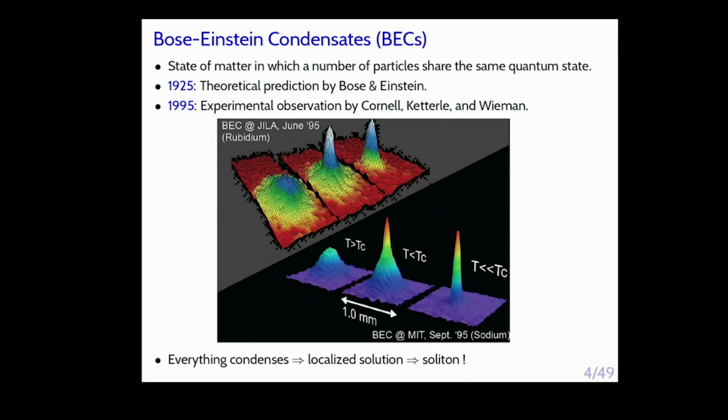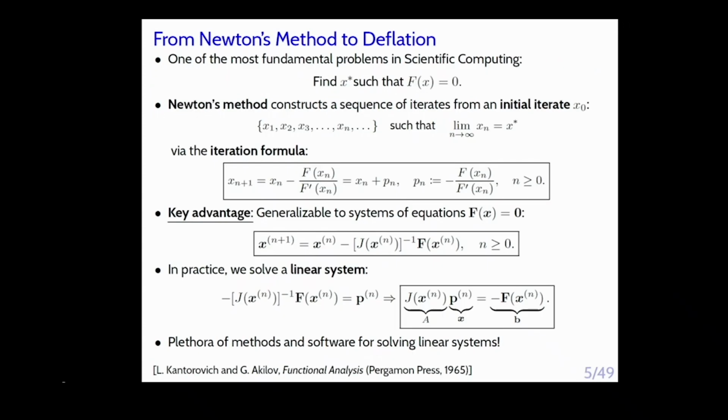And for us, we see such a localization as a soliton, a structure that has a finite spatial extent that we can actually study many interesting things. So when it comes to the computation of solutions that possess wave phenomena, in principle, we have a root finding problem.